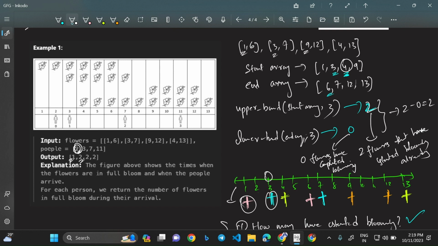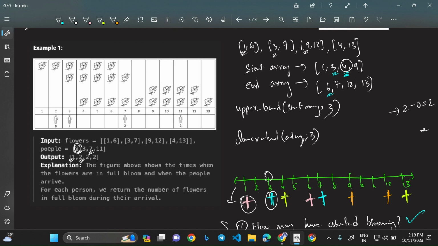Similarly, we can work on 7. Let me erase this stuff once again. When it's 7, what does that indicate? So let us write upper bound of 7 and lower bound of 7. Upper bound on 7 in the start array gives 0, 1, 2, 3.